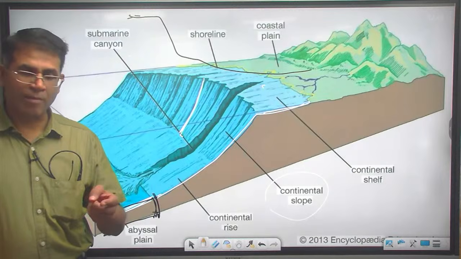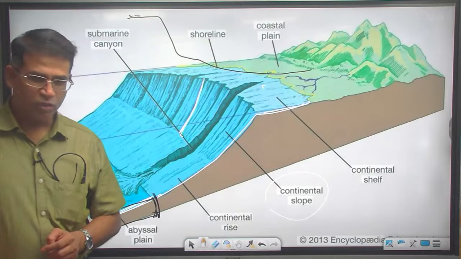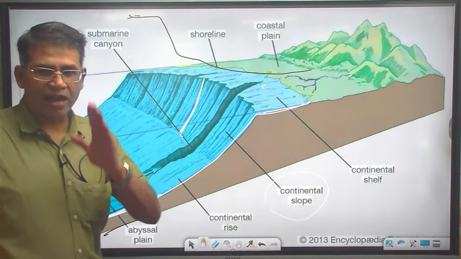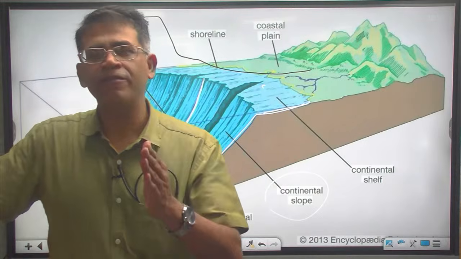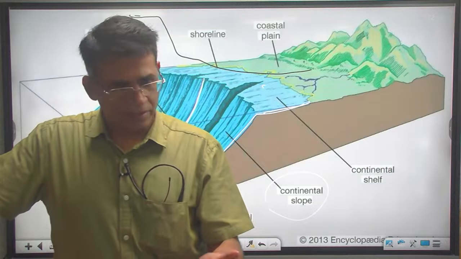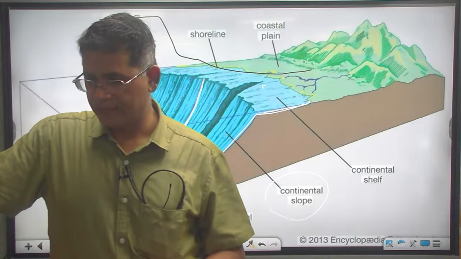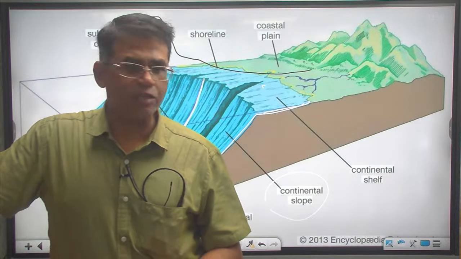So most of the submarine canyons are aligned along the axis of rivers. Examples: Hudson Canyon, axis of rivers, sorry.